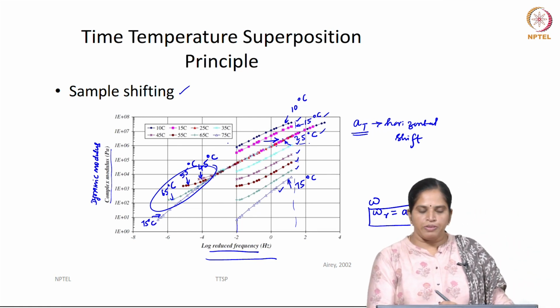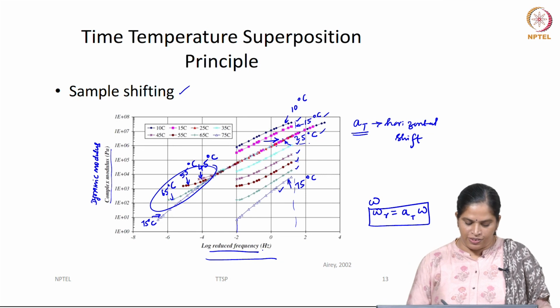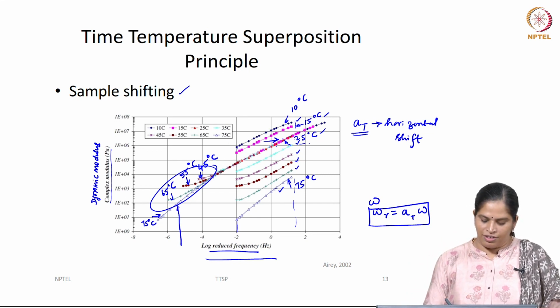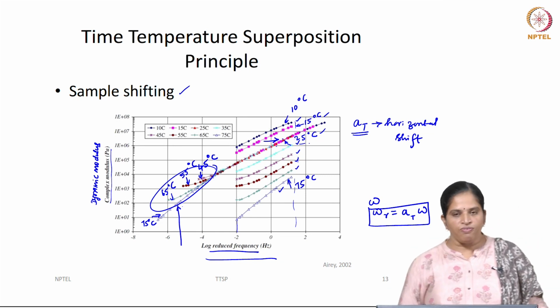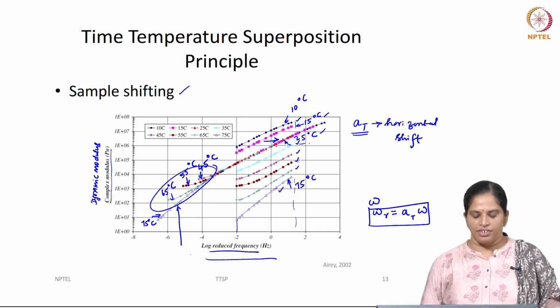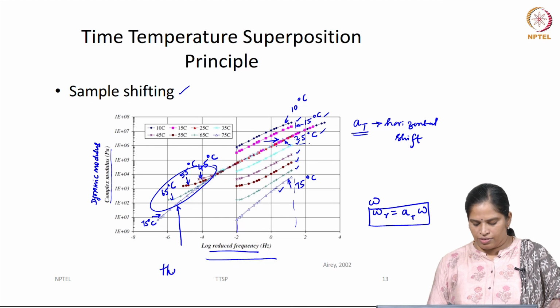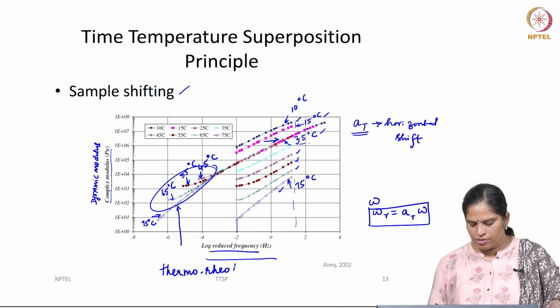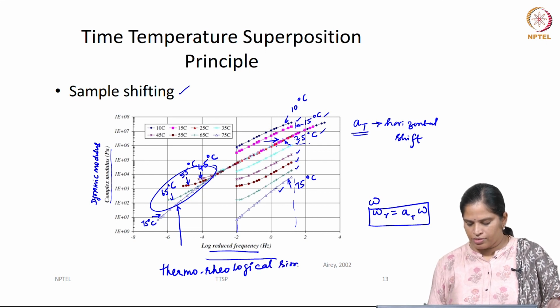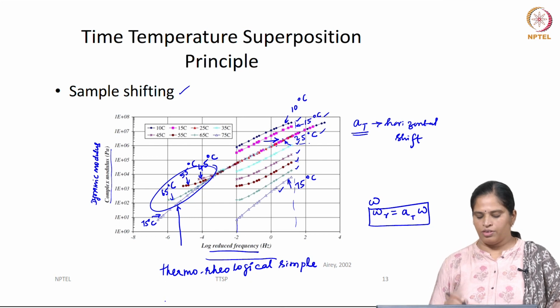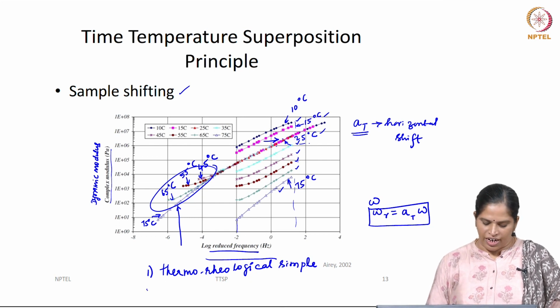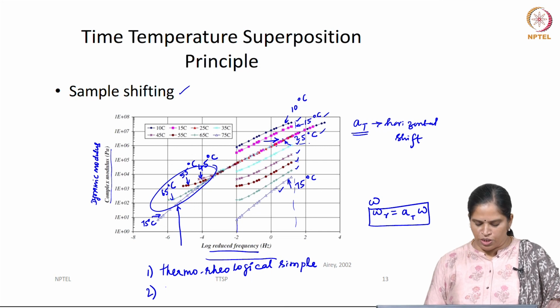This discrepancy happens if the response of the material is not thermorheologically simple. One condition is this; the other is if the measurement goes out of the non-linear region.